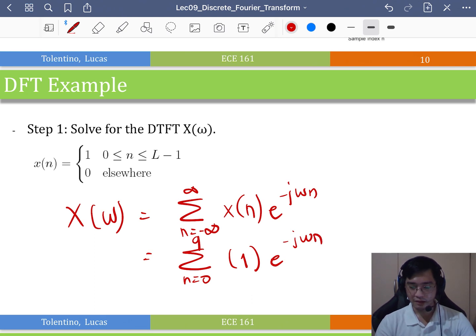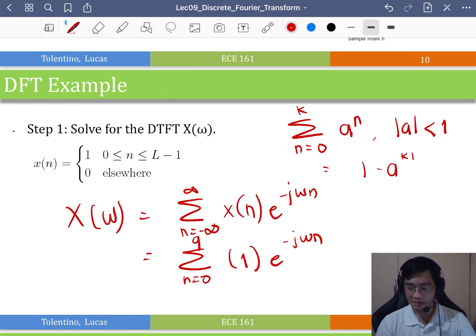Recall the property from our discrete math: the sum for n from 0 to k of a to the n, where the absolute value of a is less than 1, is equal to 1 minus a to the k plus 1 over 1 minus a.